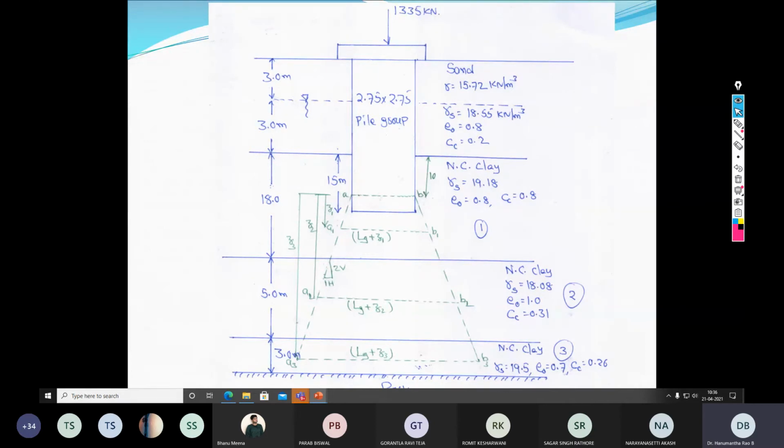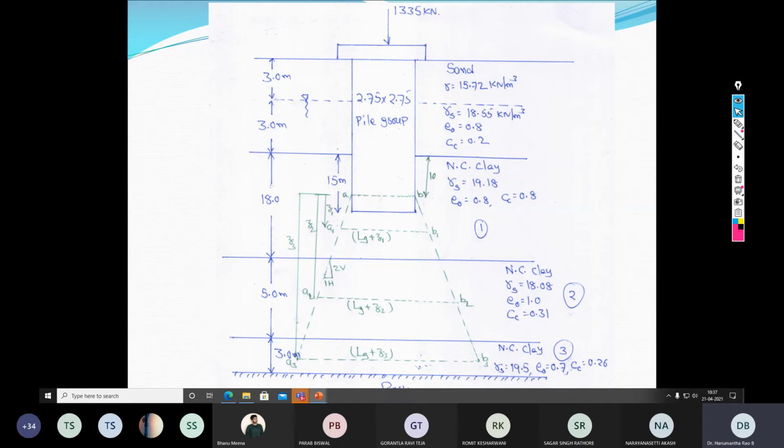So the soil profile has been given. It again comprises a 6 meter thick sand layer, 18 meter thick normally consolidated clay, overlain on 5 meter thick normally consolidated clay, which is overlain on 3 meter thick normally consolidated clay.